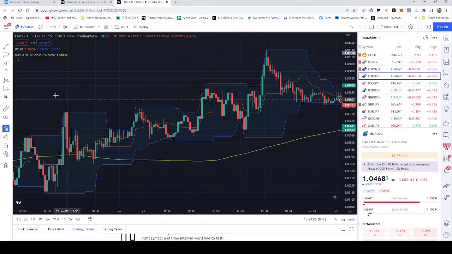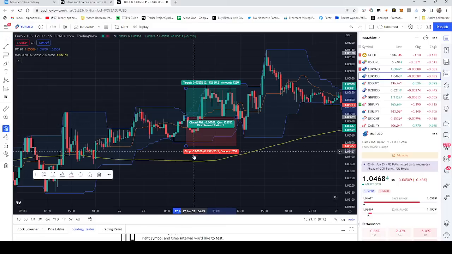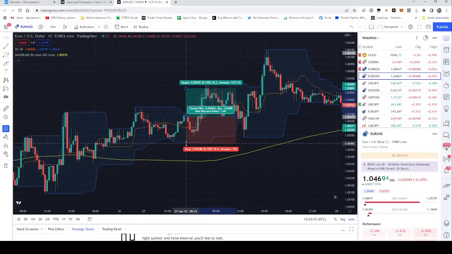So we enter on the closed bar. Here we will take a long position because we are above the yellow line. The stop loss we put a little below this blue line you see here. And same like we do on the 30 minutes, we go for 1.5.